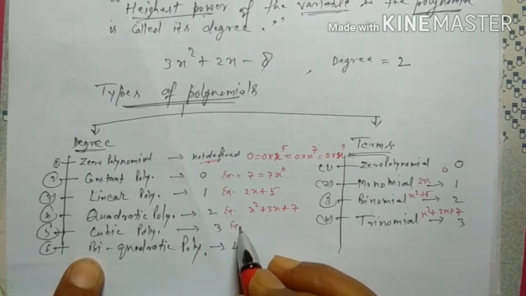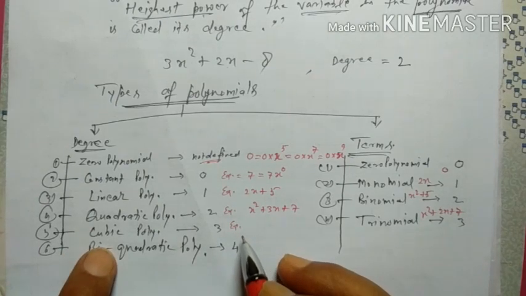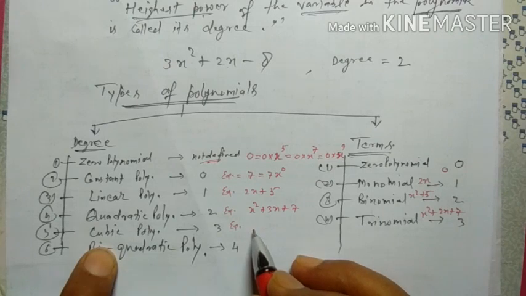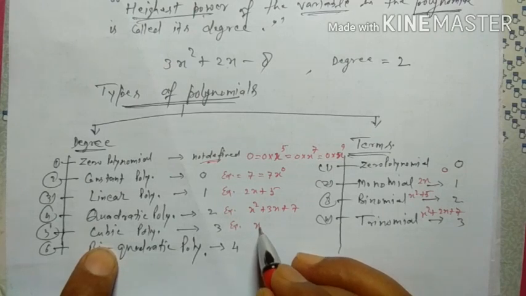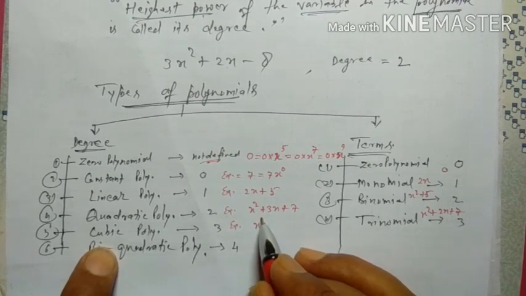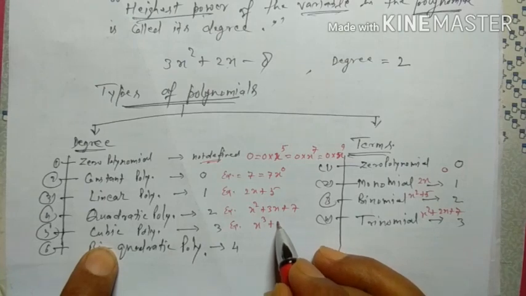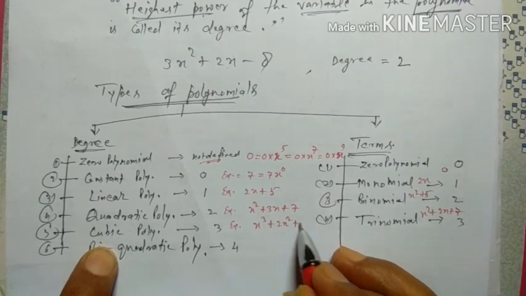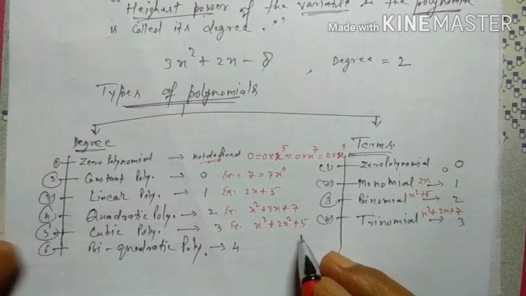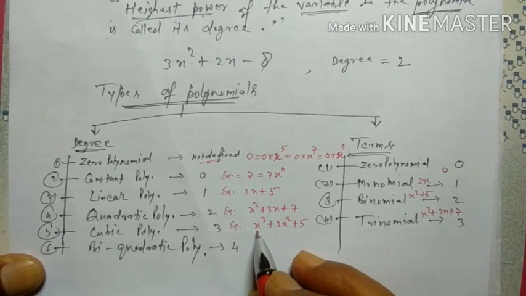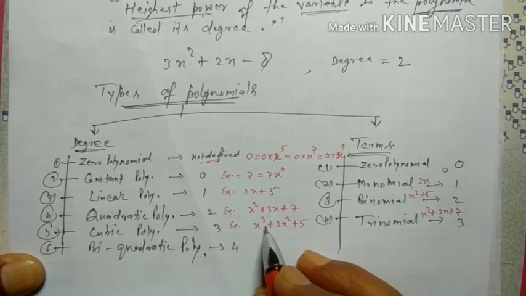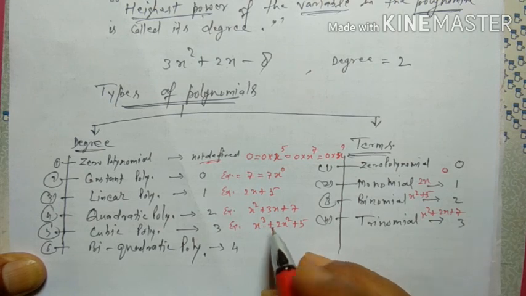Cubic polynomial: the highest power of the variable is 3, for example x cube plus 2x square plus 5. The highest power of x is 3, so its degree is 3.